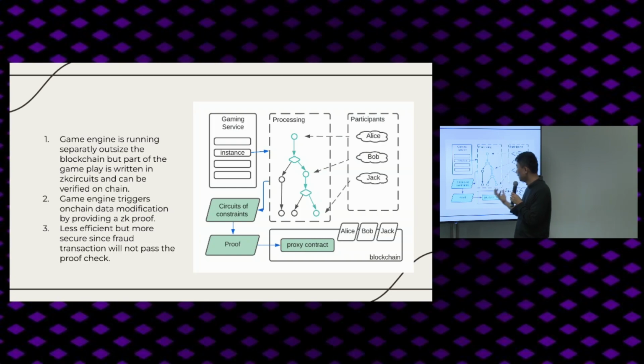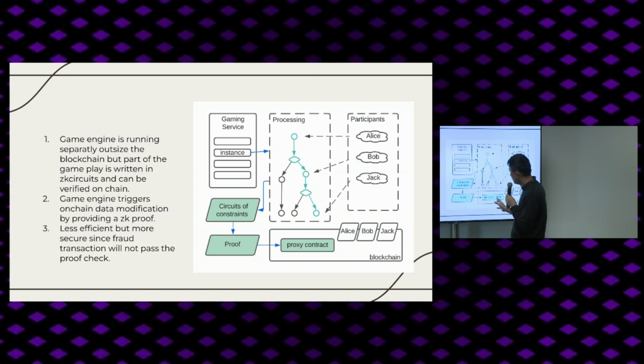With a ZK circuit enhanced architecture, the data modification is triggered by a successful verification of a proof. In the contract, it verifies a proof, checks the commitment with the inputs, and then does the settlement.